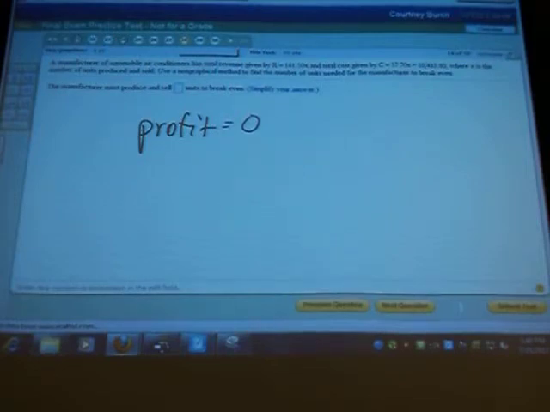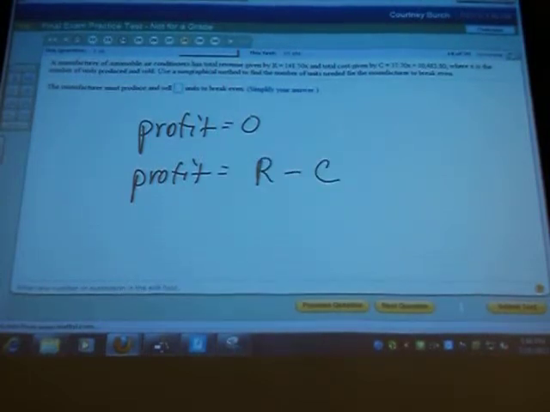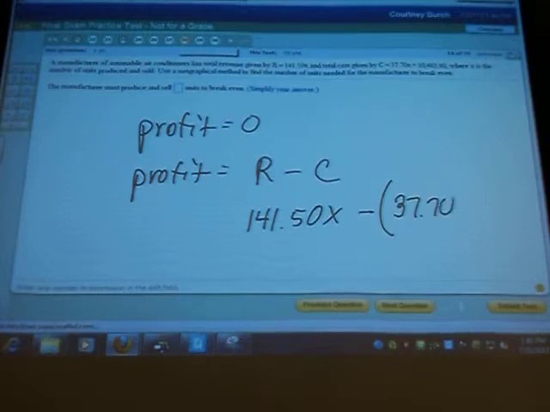And if they give me revenue and cost, my profit is R minus C. So in this case, it would be 141.50x minus the entire function 37.70x plus that 10,000 number.